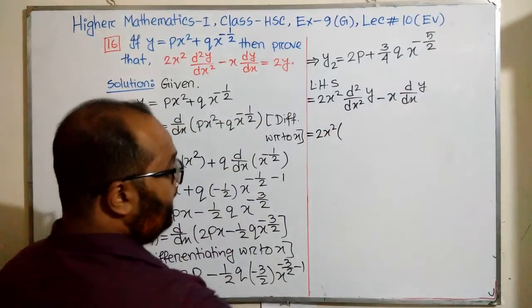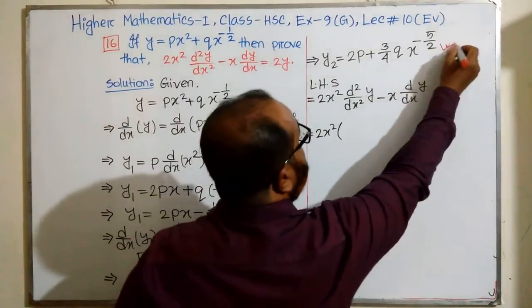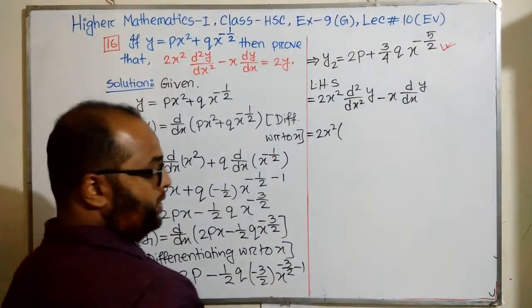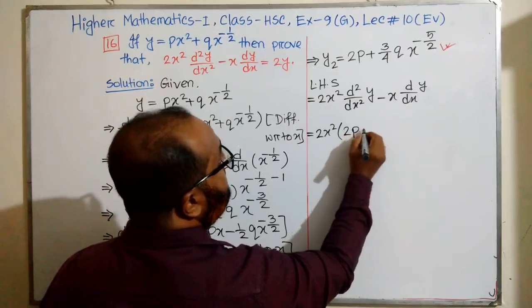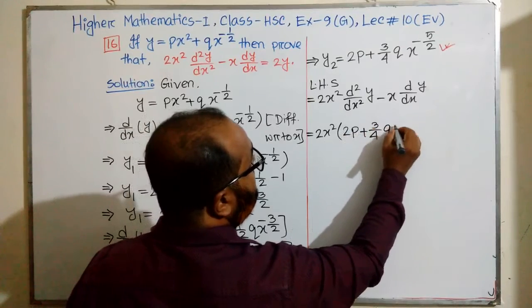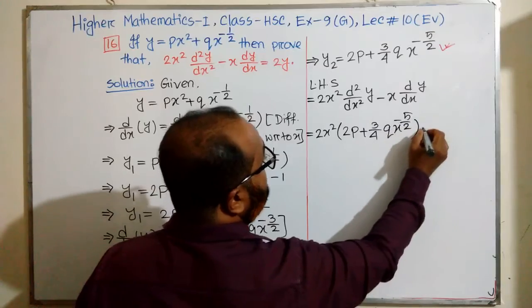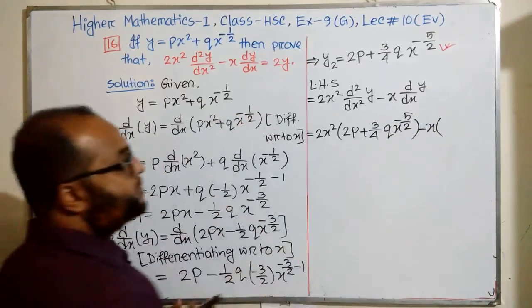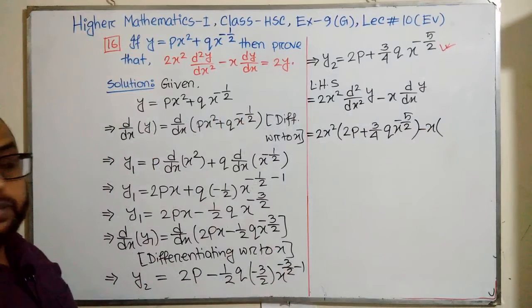Here we use this line y2, this is 2p plus 3 by 4 q x power minus 5 by 2 minus x into here d/dx of y, that means y1.